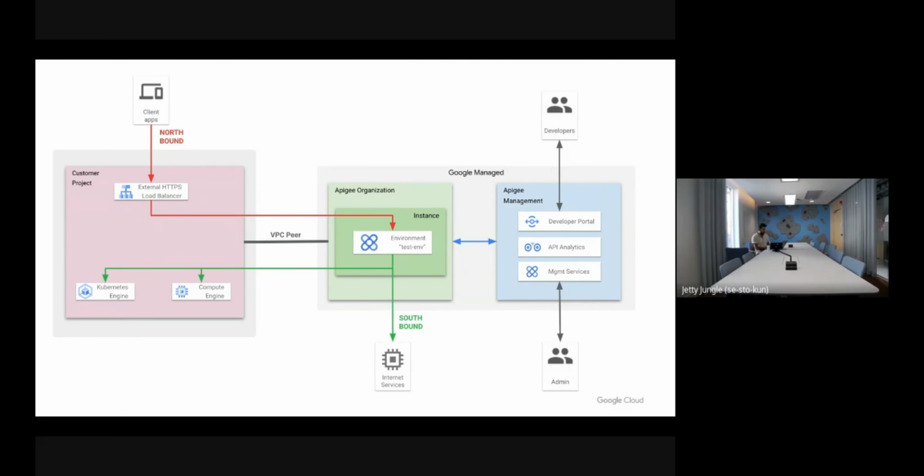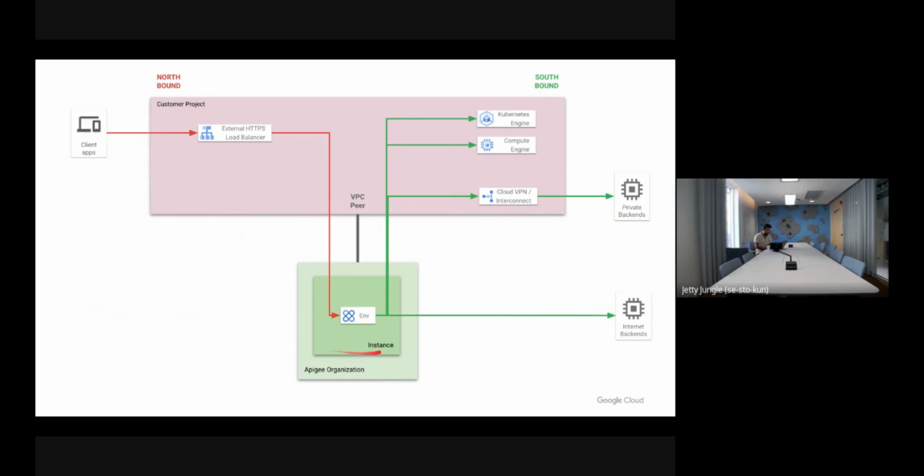Okay, perfect. So this diagram shows what we have now provisioned after the Apigee instance, and I'm just recapping the architecture over here. So we have a client. After we have provisioned, we have a load balancer because we chose external exposure in this case. And then it's connecting to Apigee, and from Apigee, it's connecting to your backend services over the internet, or also going back to your internal project that you have access to.